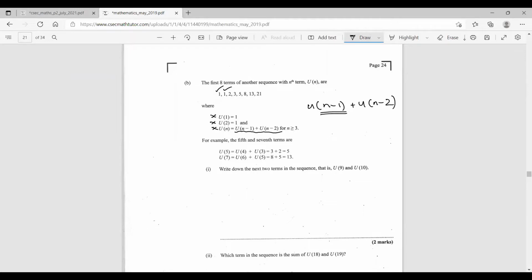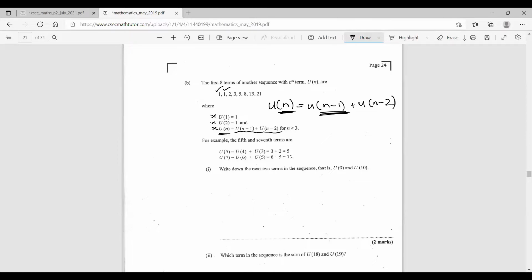Somebody tell me, what is n minus 1? We have an n. un is equal to un minus 1. What is n? The term, the number. So what is n minus 1? The number minus 1.